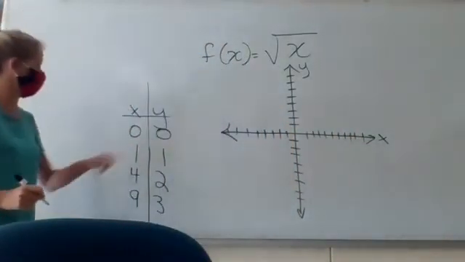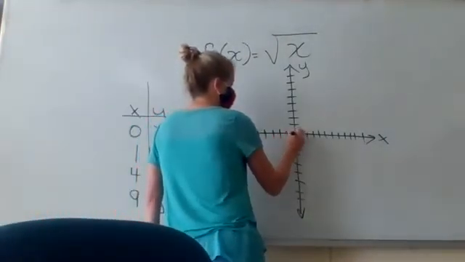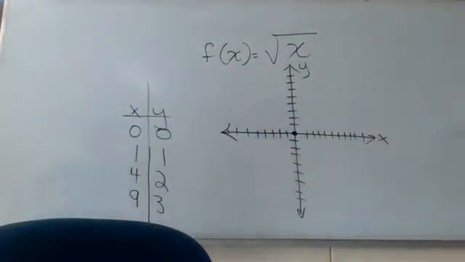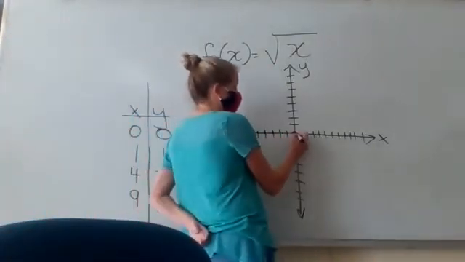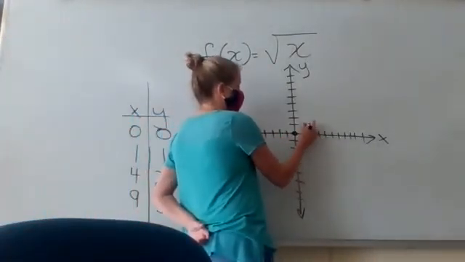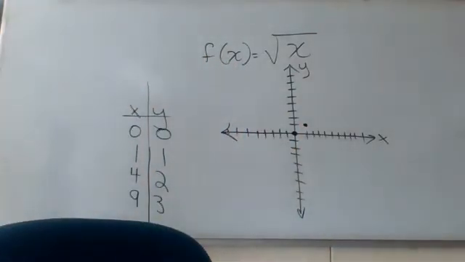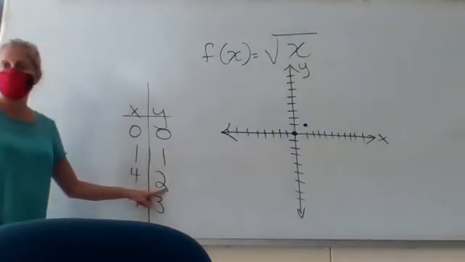So let's see, I'm going to plot the point 0, 0. So right at the origin. That's where it's going to start. Then I'm going to plot the point 1, 1. So my x is 1 and my y is 1. So I'm going to go to the right 1 and up 1. There's another point. Then I'm going to go to the right 4 and up 2.